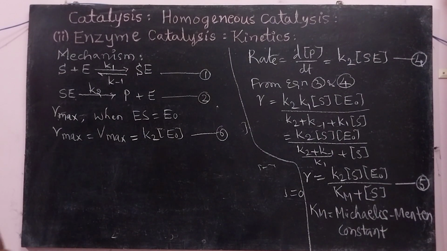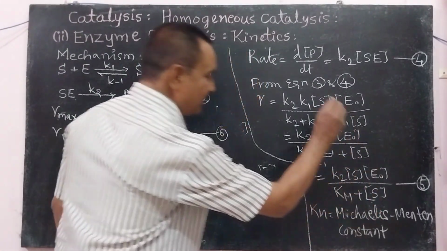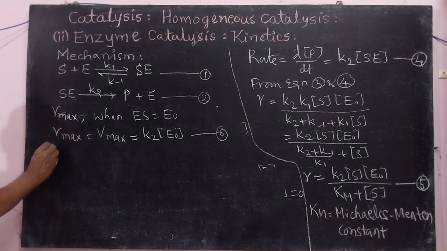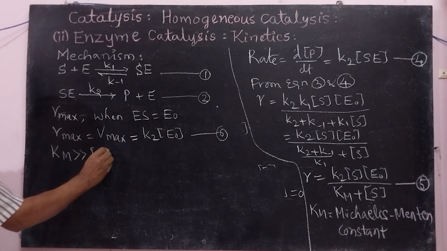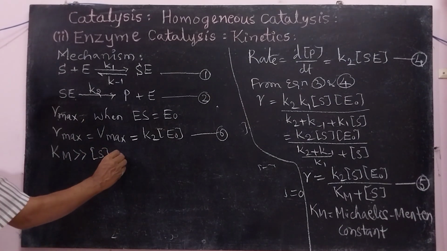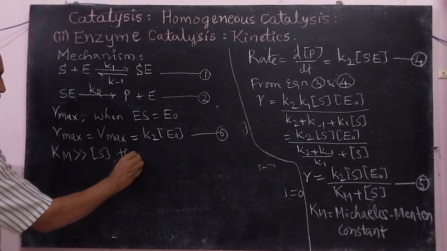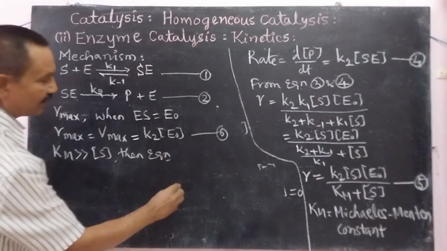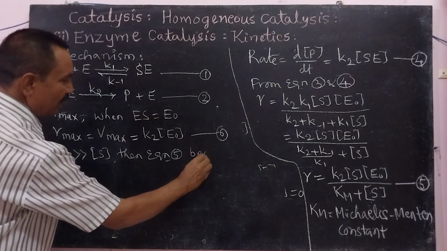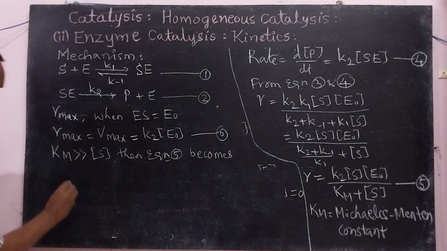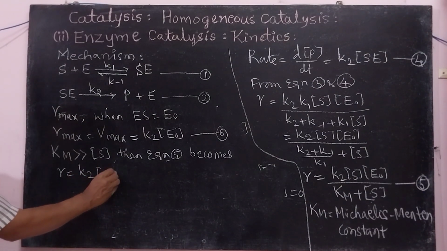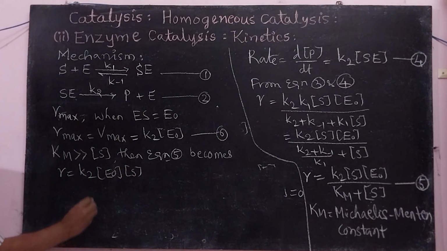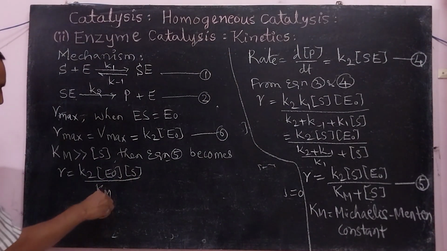Now we can apply some conditions to this equation. When Km is very much greater than the concentration of S, then equation 5 becomes rate equal to K2 into E naught into S divided by Km.